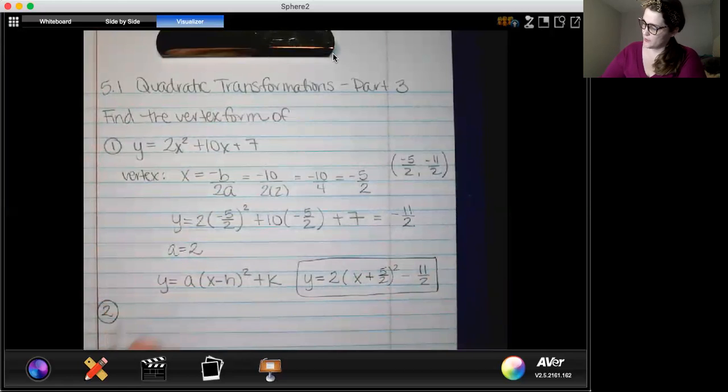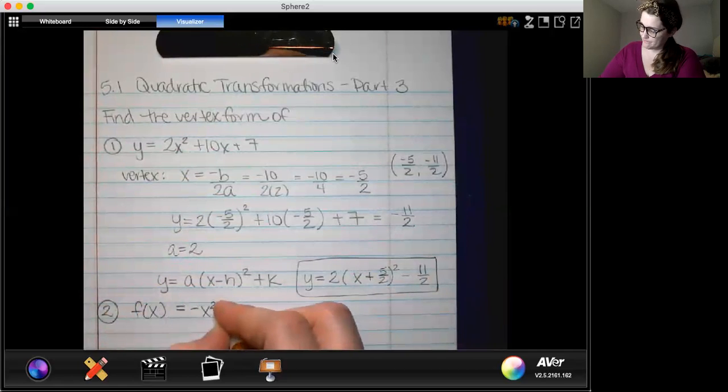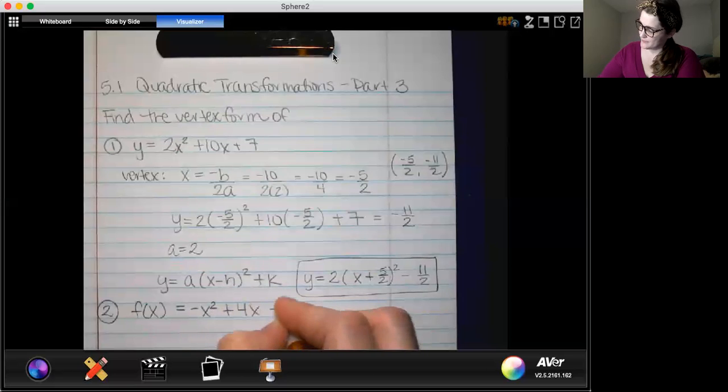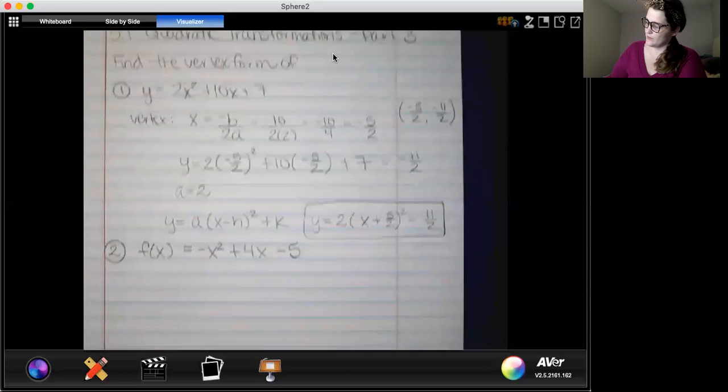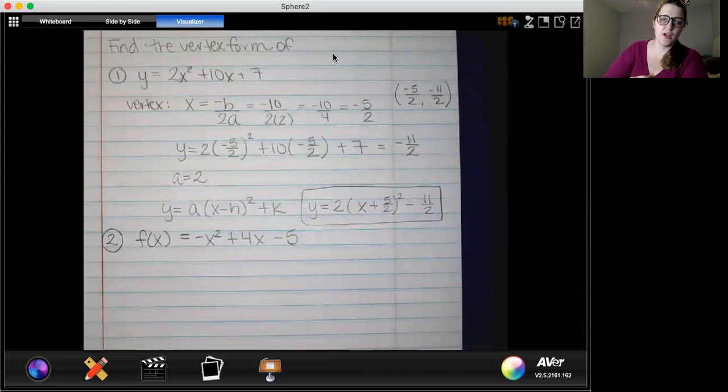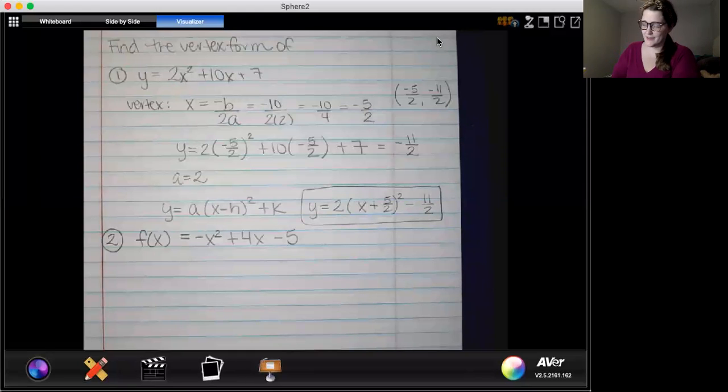Try number 2. f of x equals negative x squared plus 4x minus 5. Okay, go ahead and try number 2 on your own. Let's see how you did.